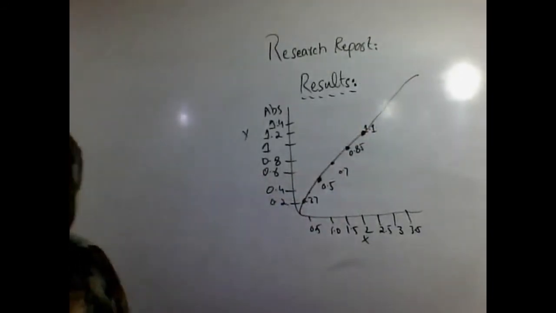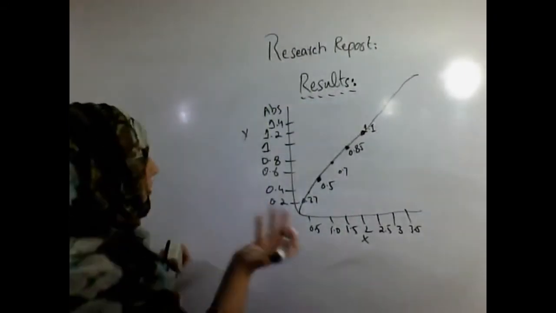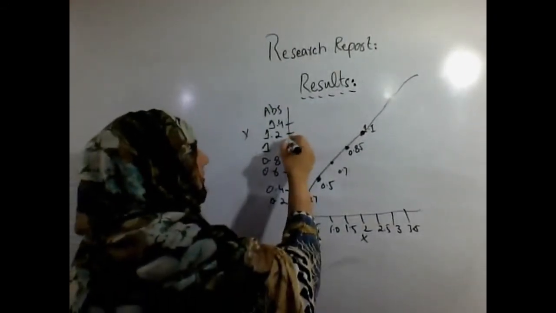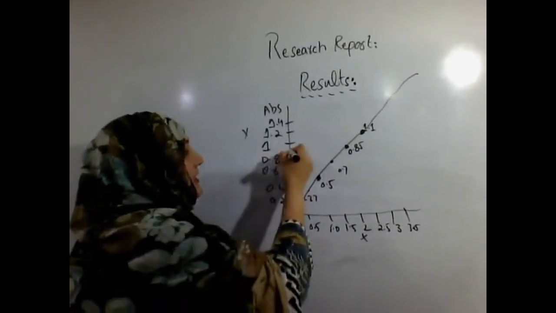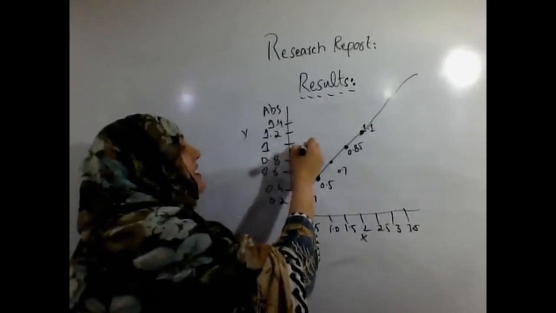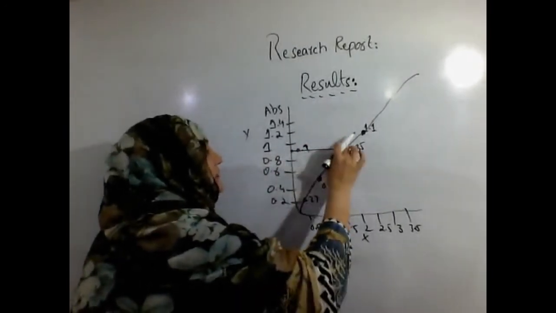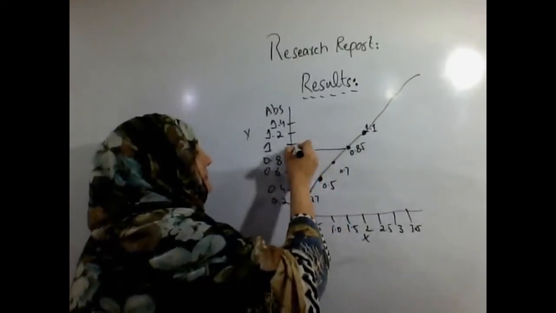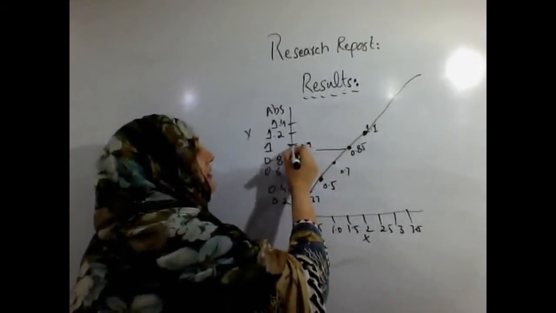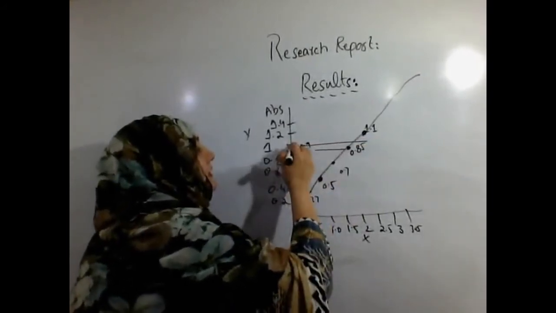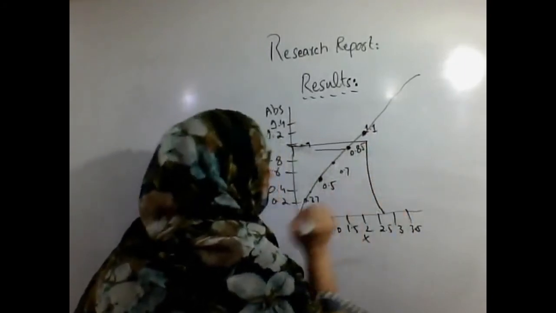Now you have the unknown sample. If it has an absorbance of 0.9, you draw a line from this on the standard curve, and here.